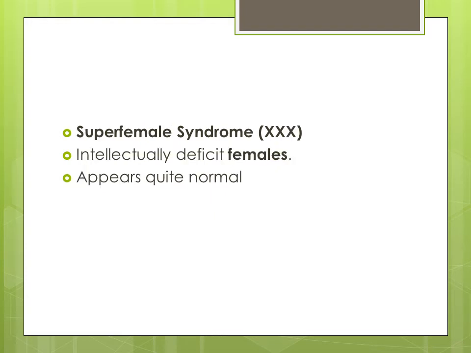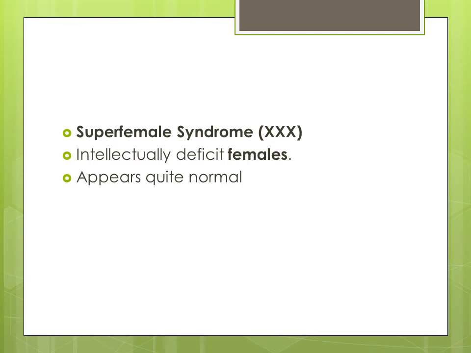Next, we have the super female syndrome, the XXX chromosome. So contrary to the first one, this would have 3 X's on their chromosomes. They are females as well, but they have an extra X. So they are intellectually deficient females. They have problems intellectually, in solving and making decisions, and many more.